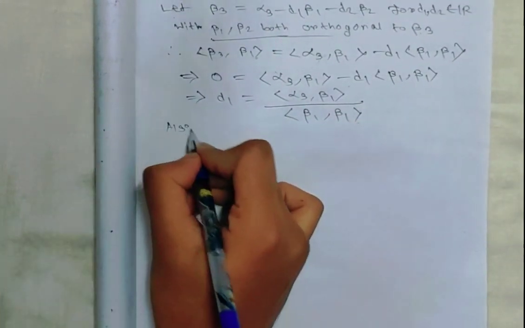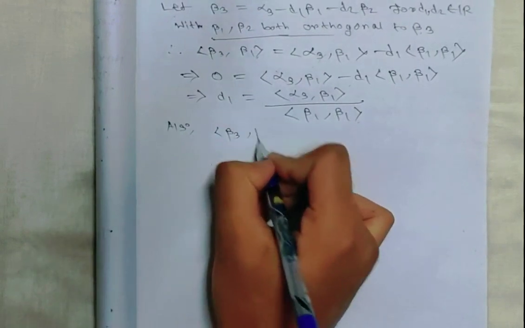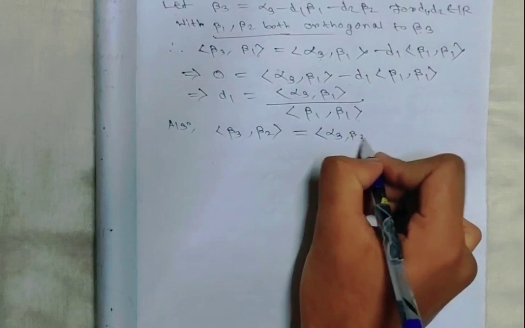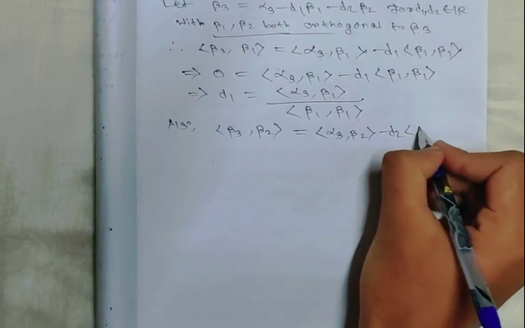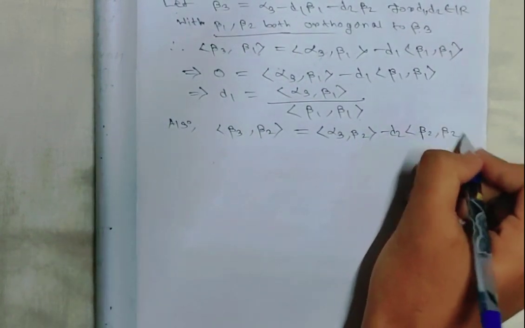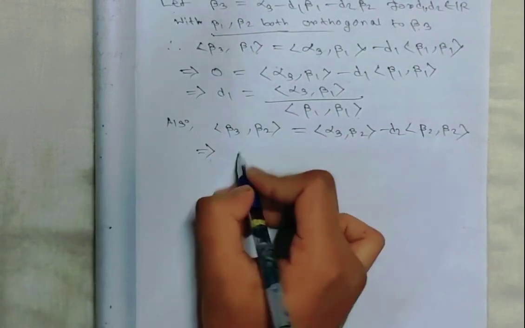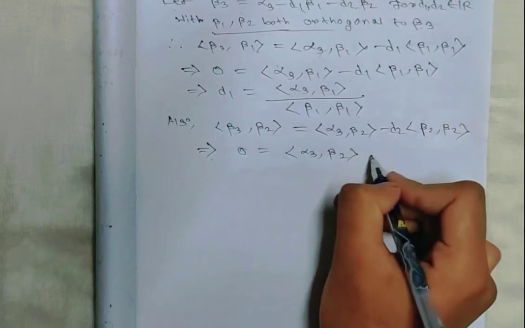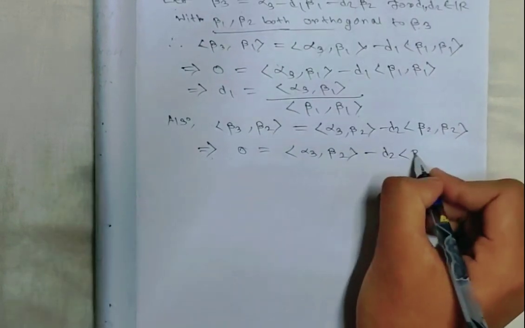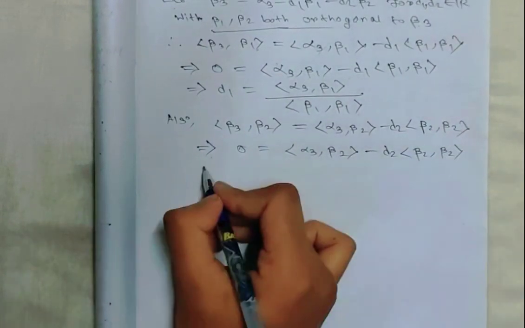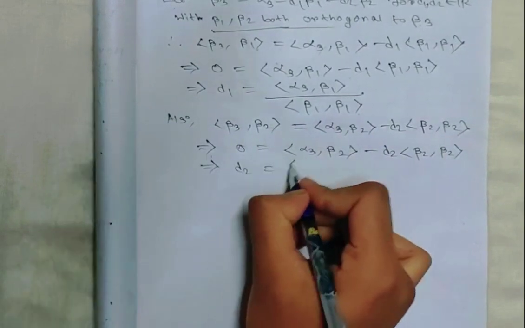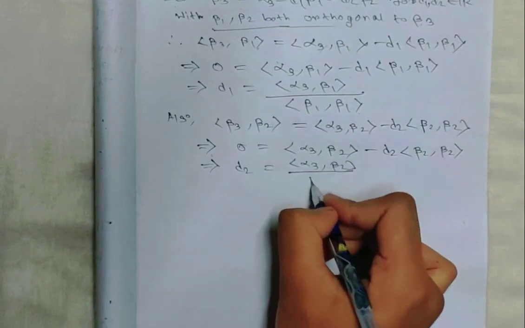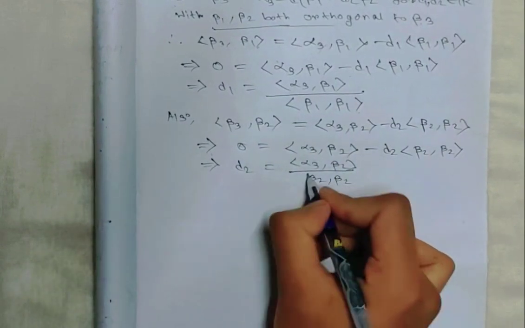Also the inner product of beta 3 beta 2 equals the inner product of alpha 3 beta 2 minus d2 times the inner product of beta 2 beta 2. Similarly 0 equals the inner product of alpha 3 beta 2 minus d2 times the inner product of beta 2 beta 2. That implies d2 equals the inner product of alpha 3 beta 2 divided by the inner product of beta 2 beta 2.